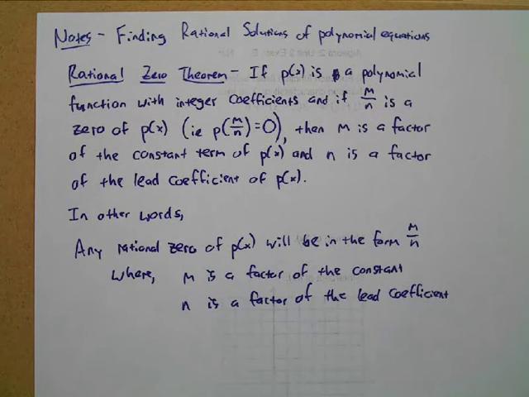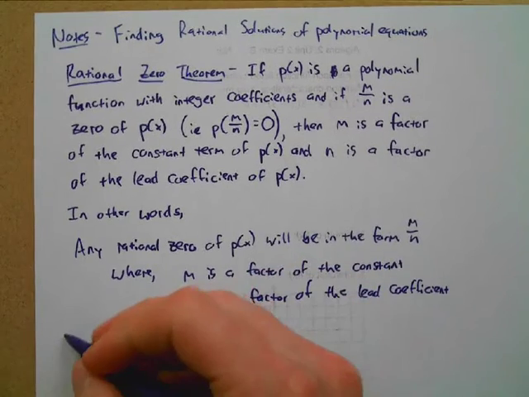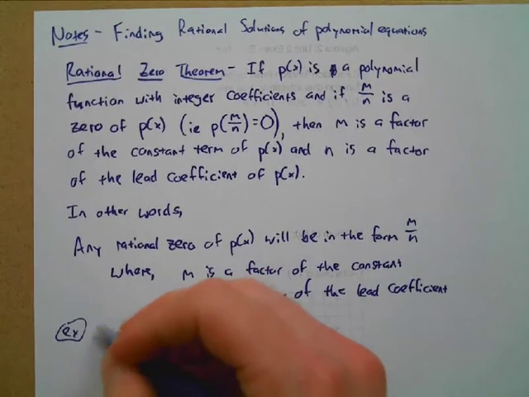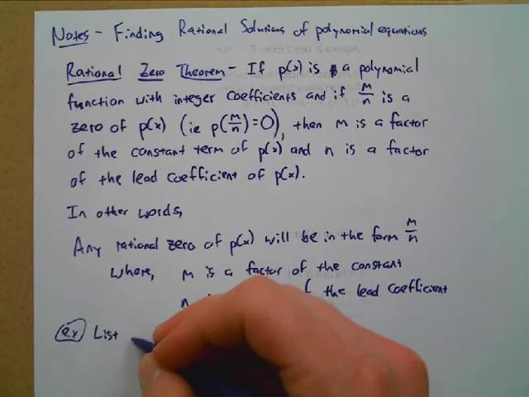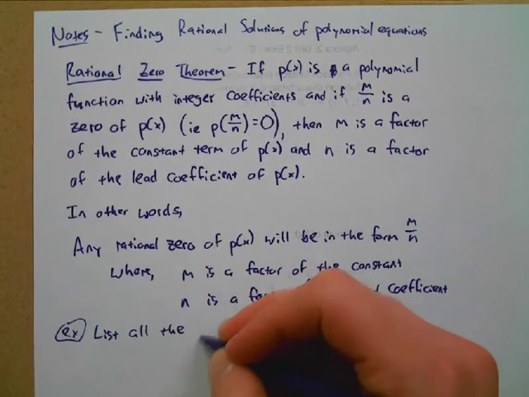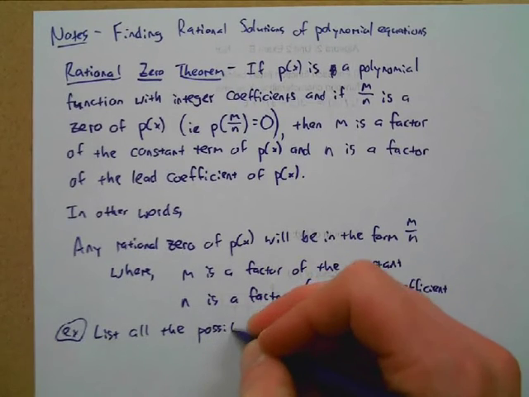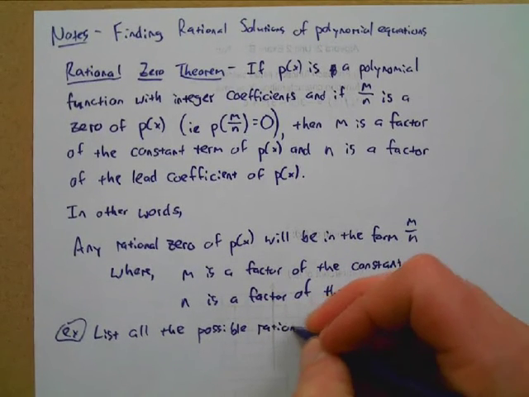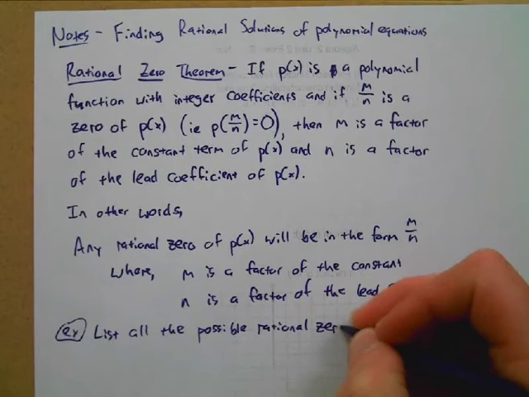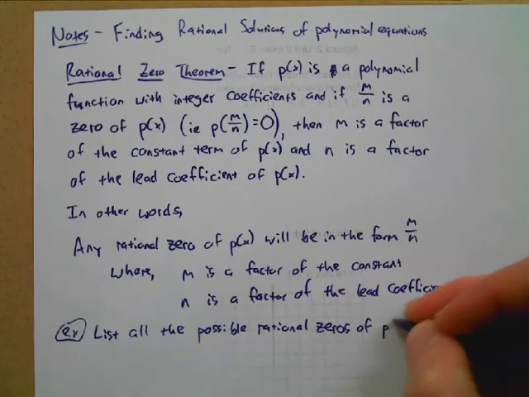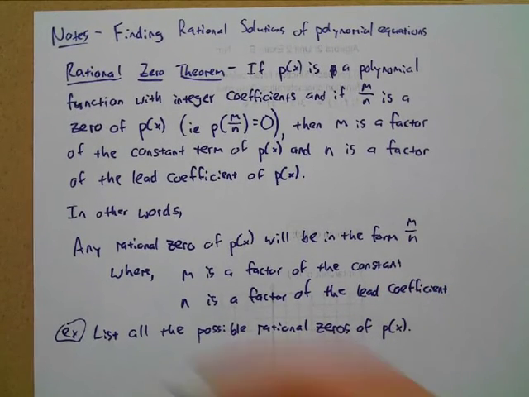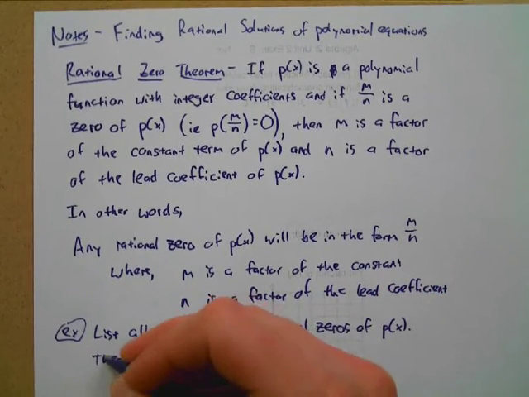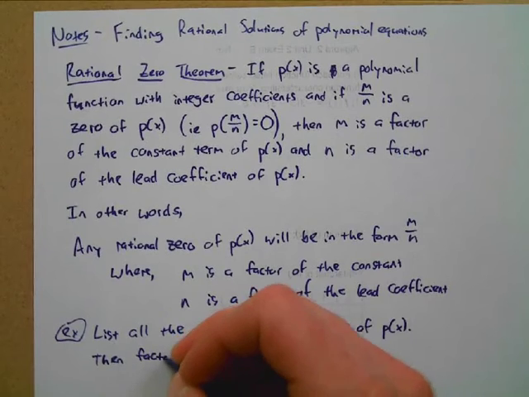Okay, bless you. All right, so here we go. Example. Let's see it in action. So we'll first list all the possible rational zeros of this polynomial. Then we're also going to factor completely, because that's really the point of this.